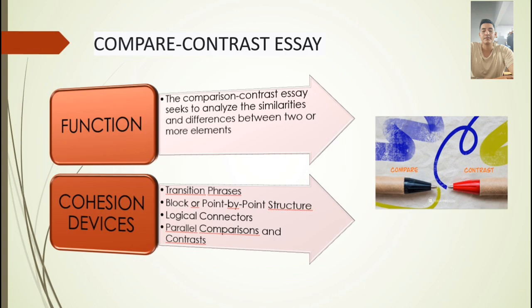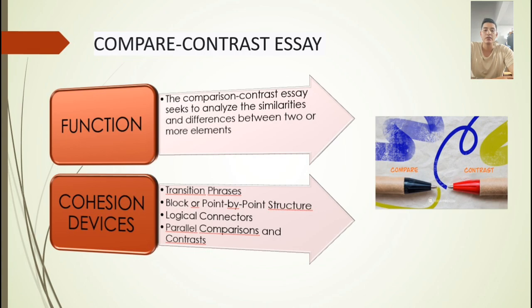Cohesion devices. Transition phrases: using expressions that guide the reader through comparisons and contrasts, such as unlike, in comparison with, similarly. Block or point-by-point structure: organizing information either in blocks, dedicating separate sections to each element, or point by point, analyzing one feature at a time.